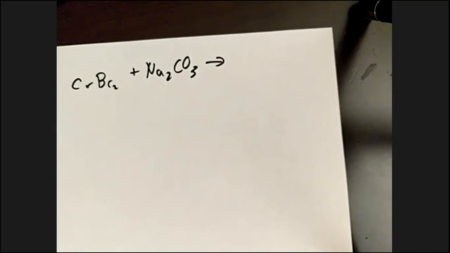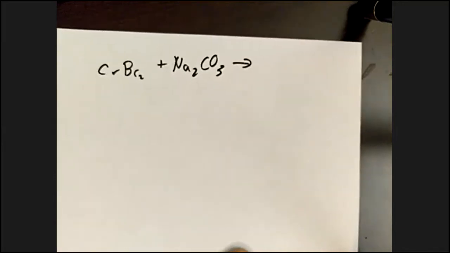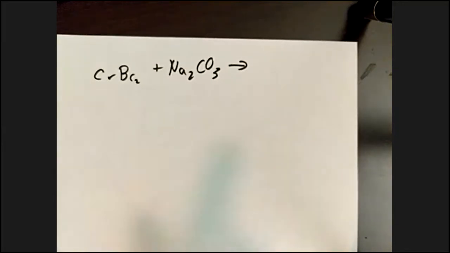Here we have chromium 2 bromide and sodium carbonate. This would be a fairly realistic test question. The question is, what is the molecular equation? Writing the molecular equation is writing the products with their proper designations. What are the products here?